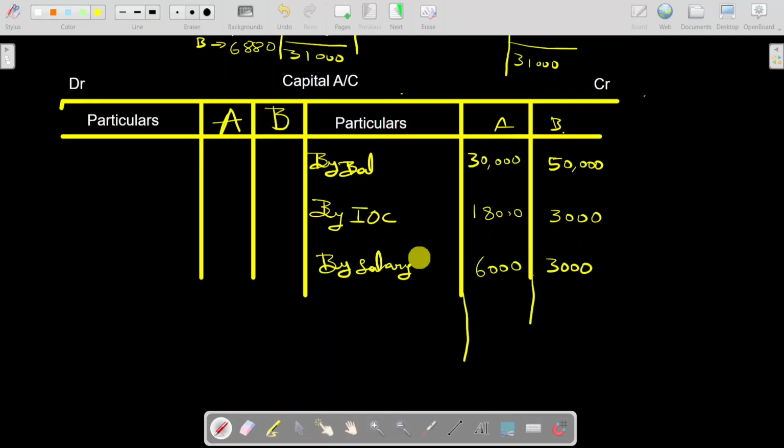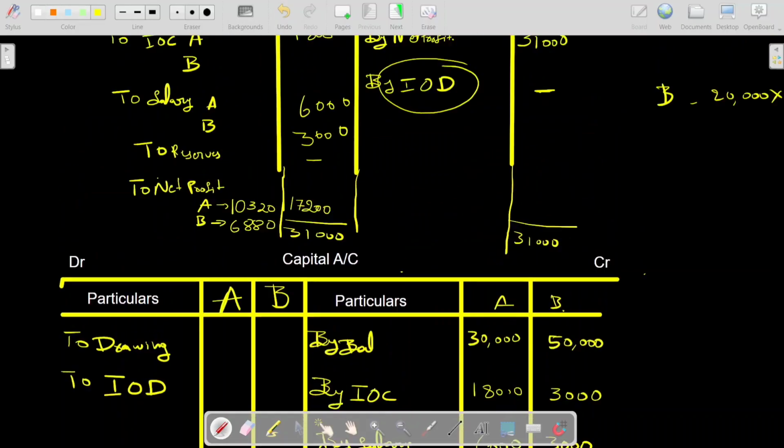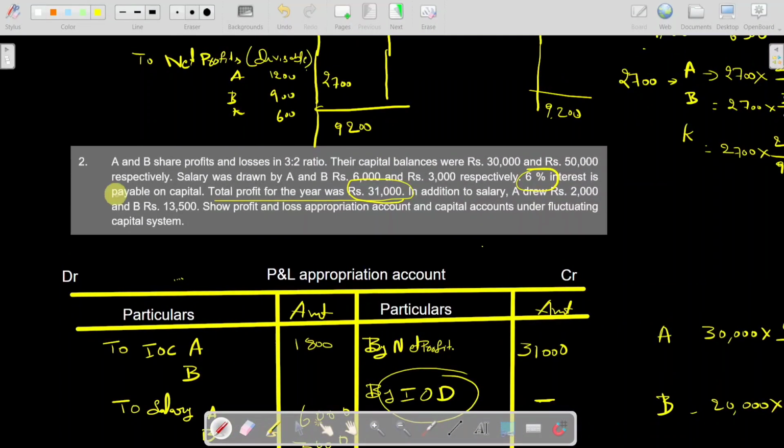And if they have any drawings, we have to write them on the debit side. Interest on drawings, if any, also comes on the debit side. Here we don't have any interest on drawings, but we have drawings.